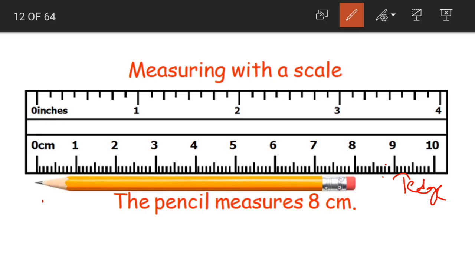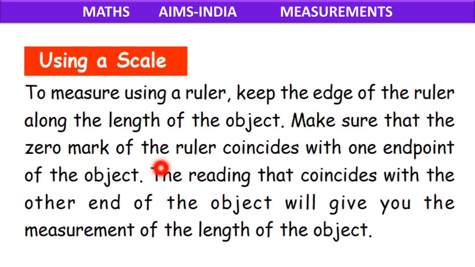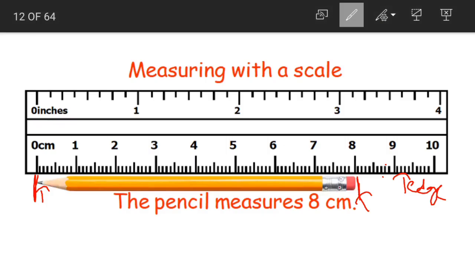Now what is the next step? We have to make sure that one of the edges of the object, now this object has one end and the other end. What was the second step? Make sure that the zero mark of the ruler coincides with one end point of the object. Now this object here, pencil, has two end points, this and this.